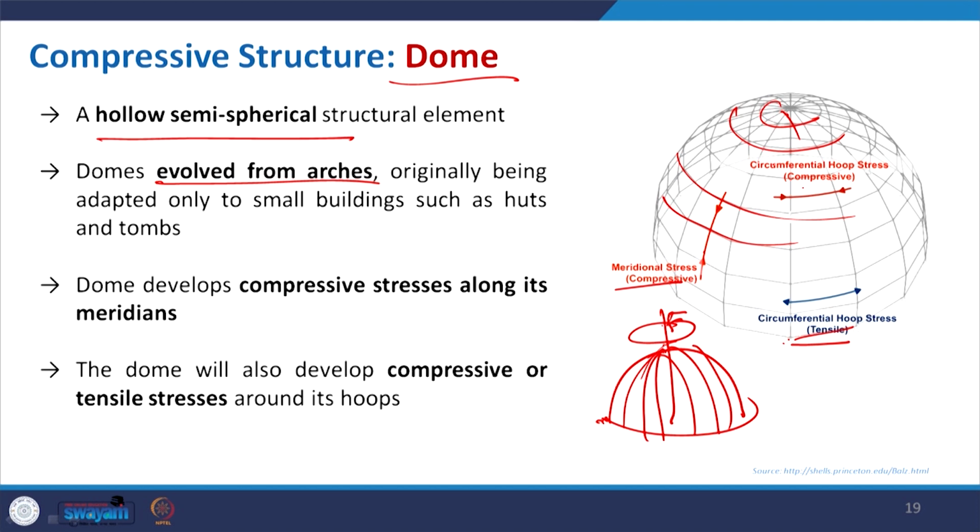This is again a very useful structure. Earlier it was used especially for making a small hut or a rooftop, but now, because of improvement in the material and the use of steel as reinforcement, it has expanded to big structures.